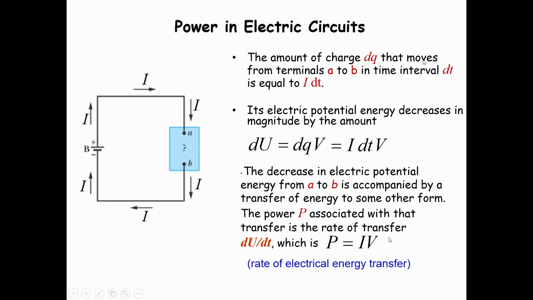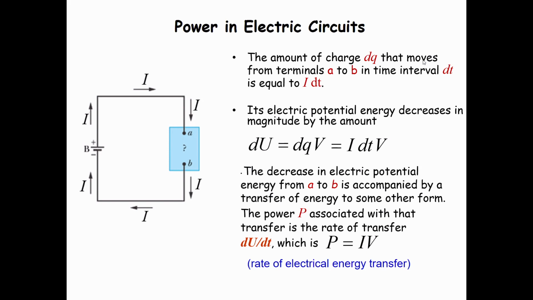If you're talking about dissipation of energy over very long distances of wire, 100 kilometers, then you really have to worry about these ohmic losses. It's the amount of current that passes through these wires where you lose all this power. So what a lot of power companies do is increase the voltage and decrease the current. You get the same amount of power, but there are fewer ohmic losses.